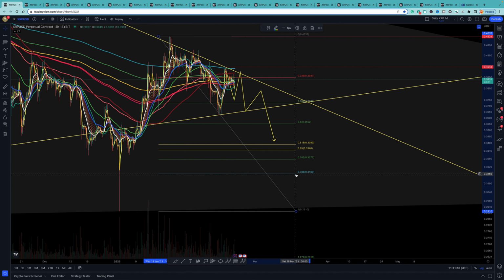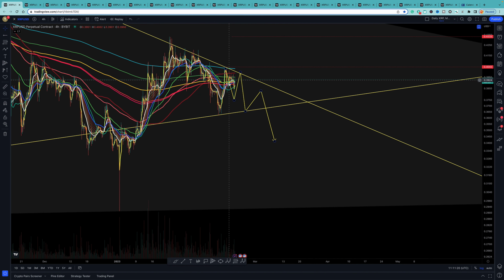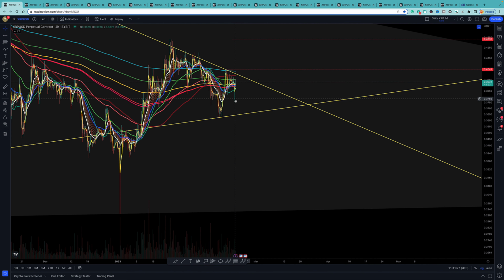So they match each other. If this swing eventually comes down and actually hits the 786 target, then it's an indication that it's done this correction and maybe it wants to continue down.